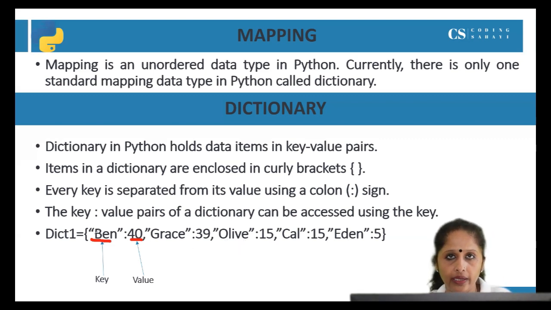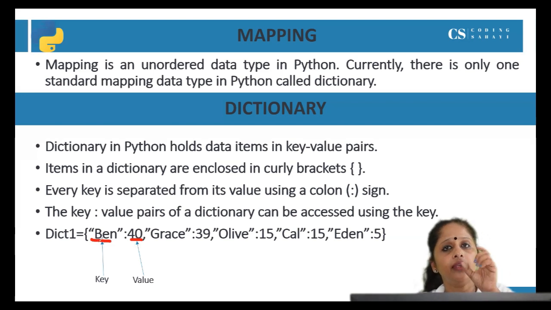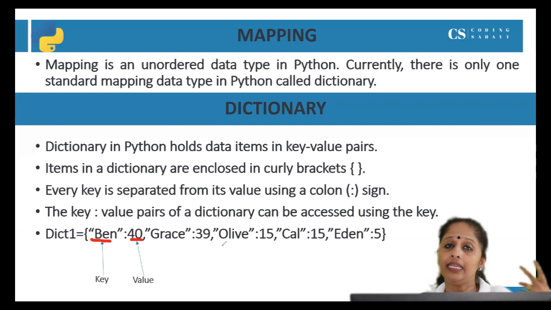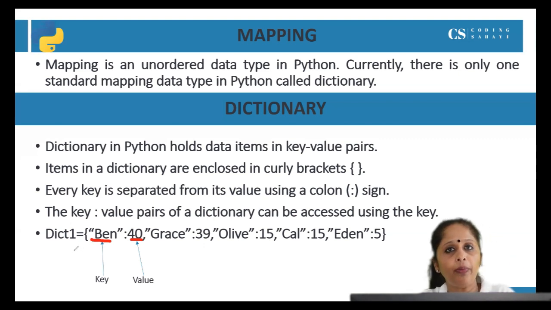This is a key value pair, and the key and value are separated by colon. First is the key, then colon, then the value. You should write like that. So 40's key is Ben, 39's key is Grace. It should be represented inside curly braces, each key value pair separated by comma, and each key and value separated by colon.